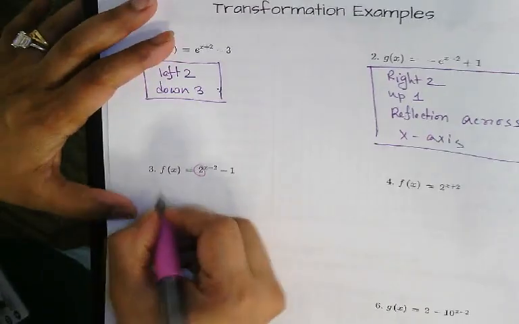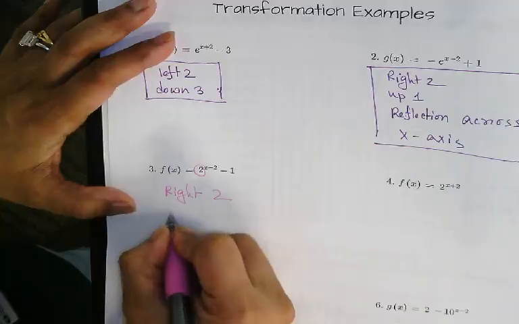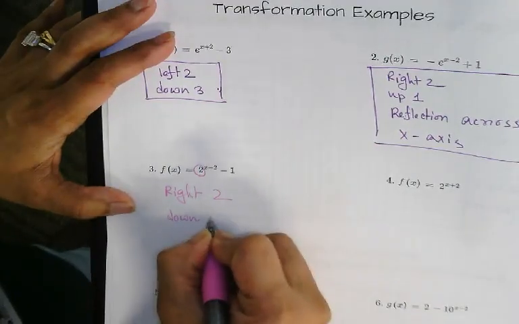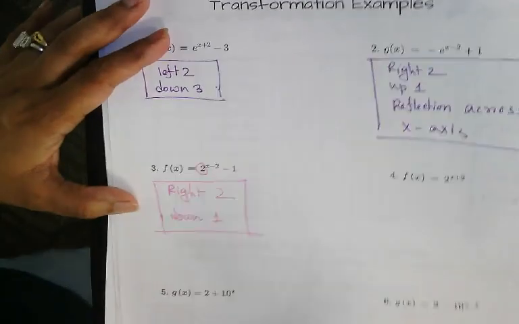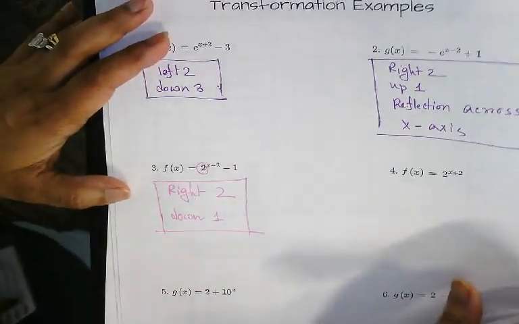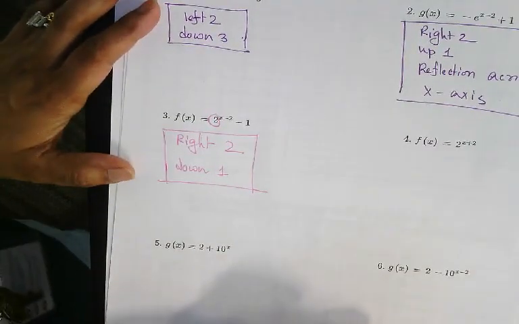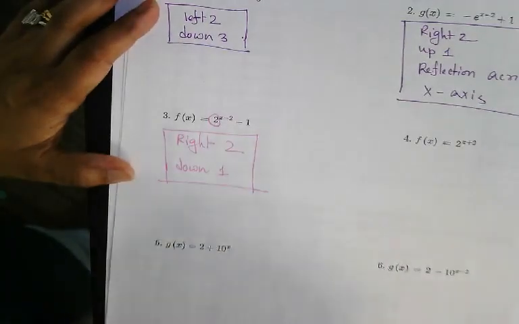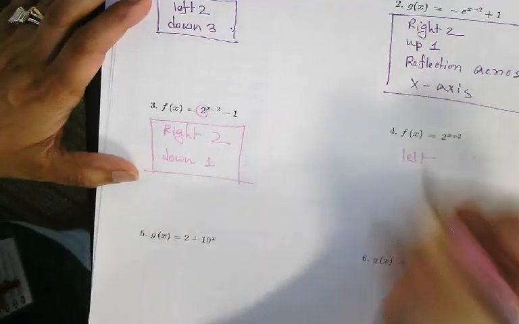Right 2, down 1. That's the difference. We talked about 3 different bases over here, so you have to keep those in mind. Number 4, somebody else. Give me number 4. Left 2. Anything else?